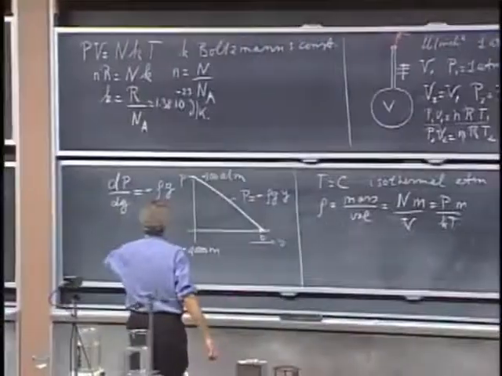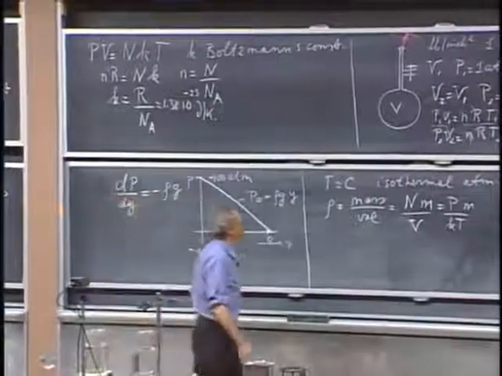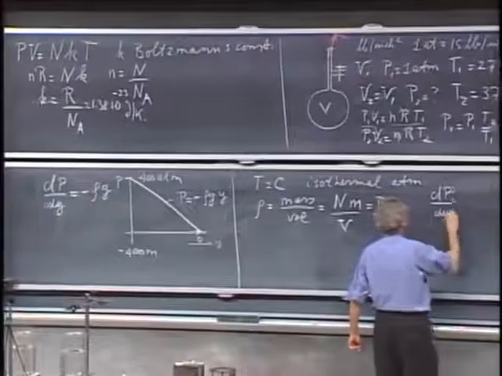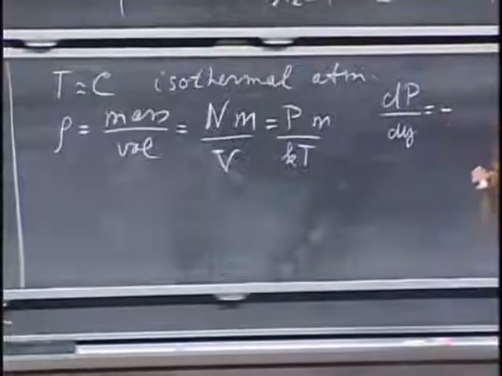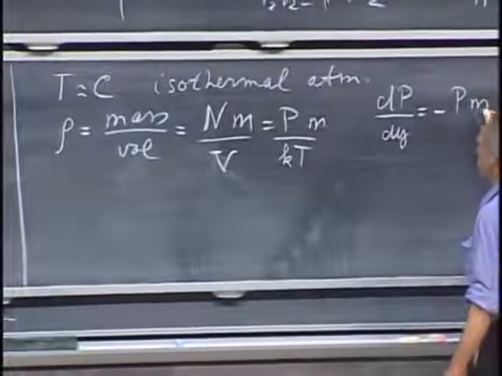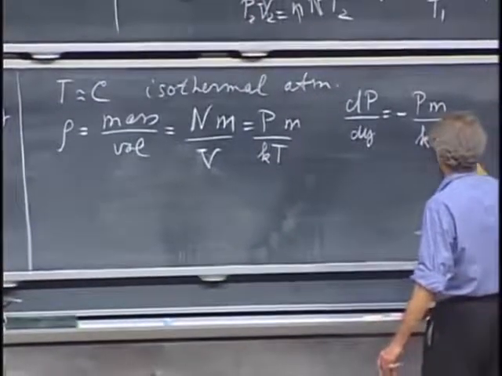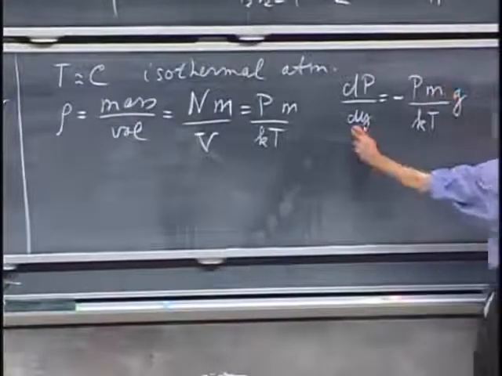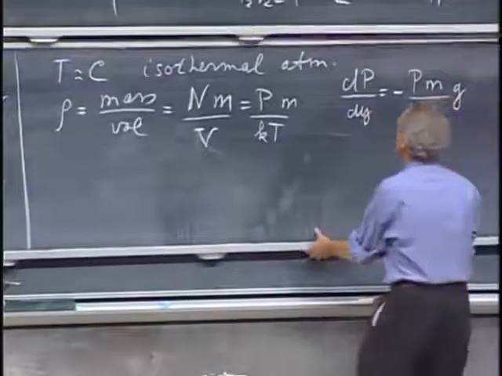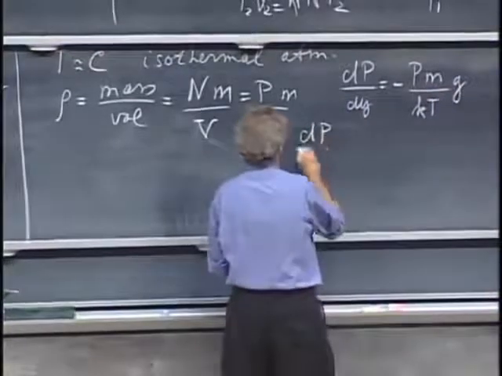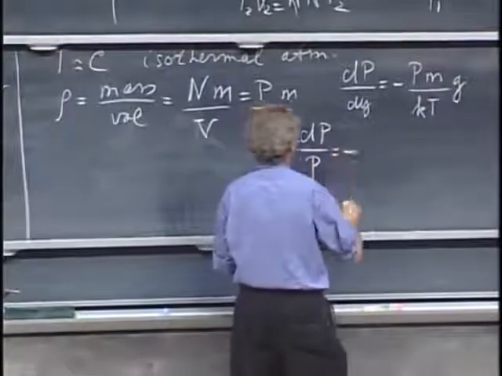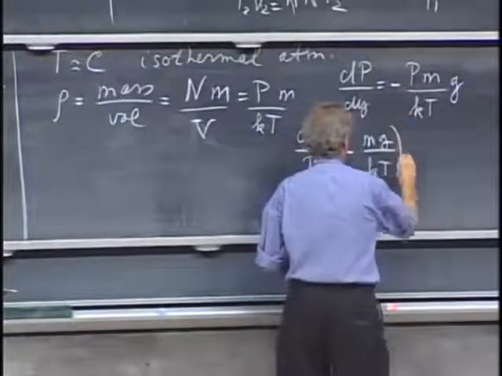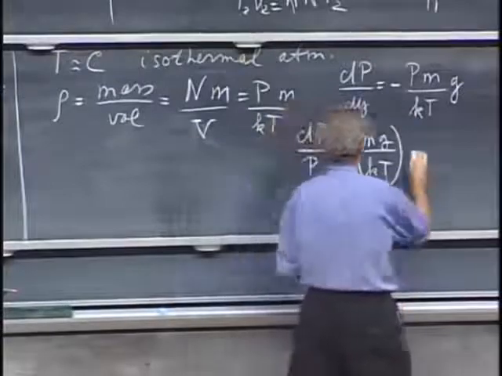So now I take this equation and I say, aha, dP/dy equals minus Pm divided by kT times g. I bring the P under here and I bring the dy there. So we get dP/P equals minus mg/kT, which is some kind of a constant, times dy.